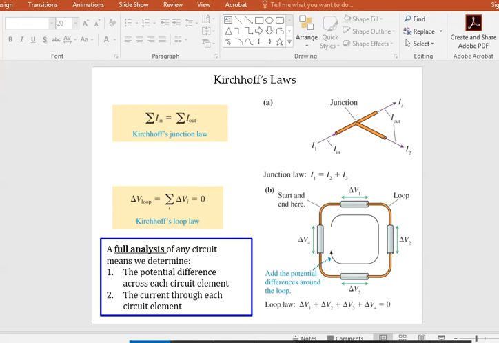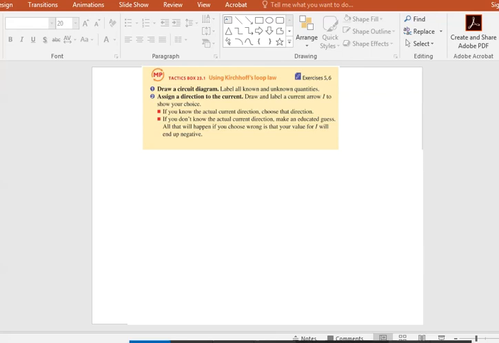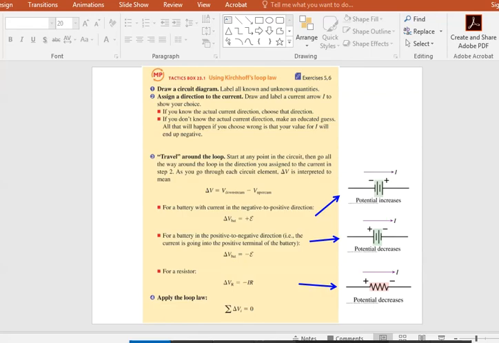So a full analysis of any circuit is going to mean measuring the potential difference across each circuit element and the current that's going through each circuit element. Here are some general strategies for how to solve a problem. A couple of things that I'd like to point out is that when you're going in the direction across the battery terminal from a minus to plus, this is usually written as a voltage gain.